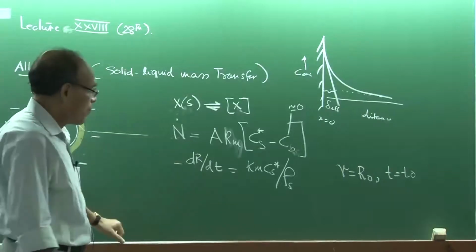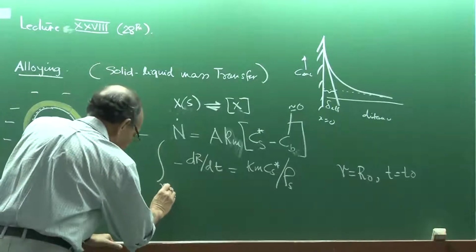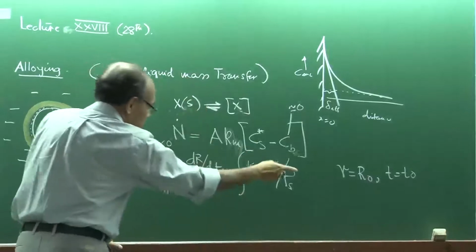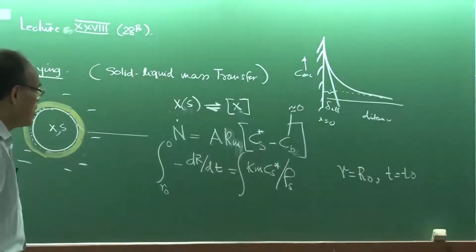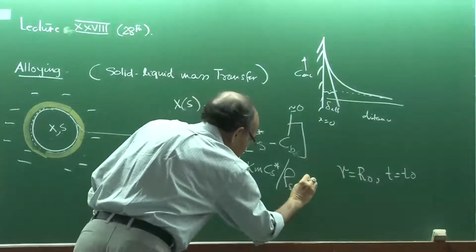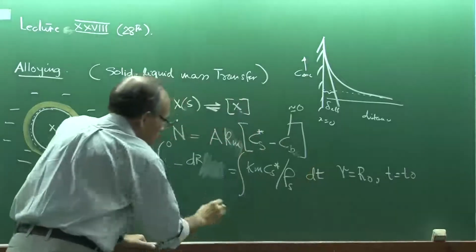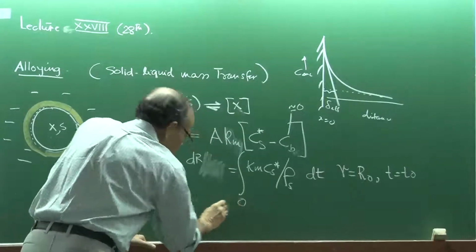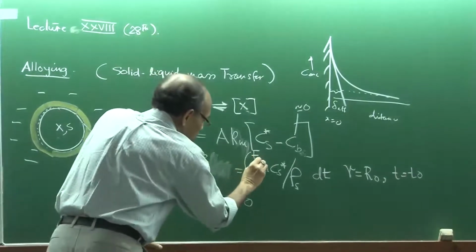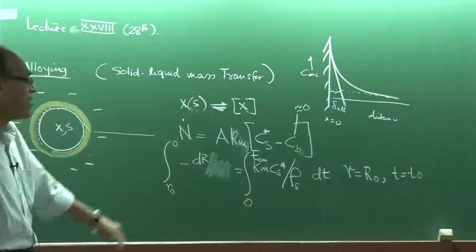If the initial r is r0, you integrate from r0 to 0, taking the dt on this side, and this corresponds to r0 when time is equal to 0, and 0 when time is equal to tCM, the complete melting time, and if you integrate this.